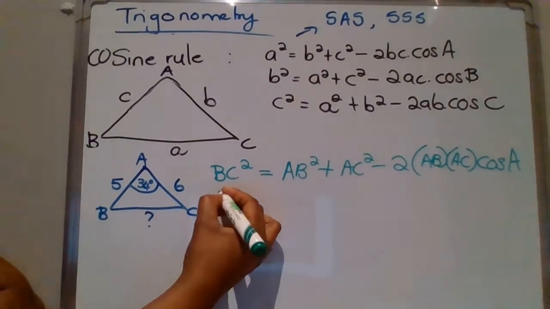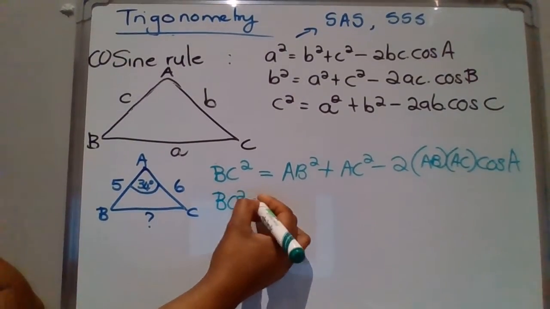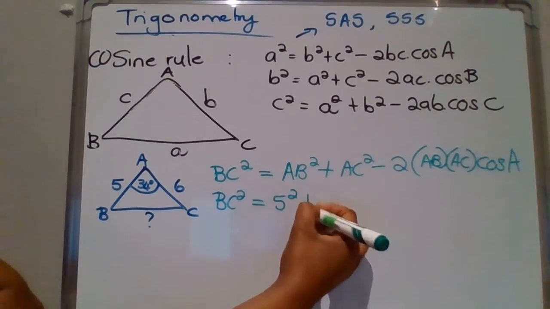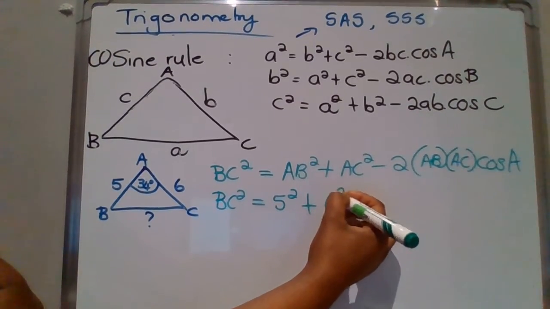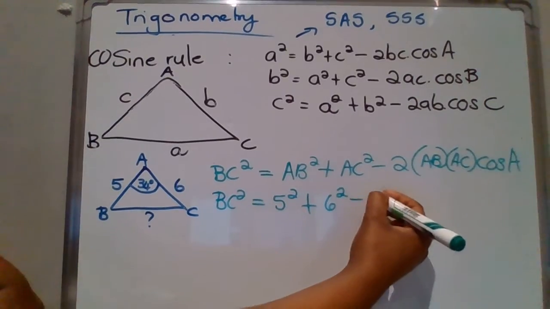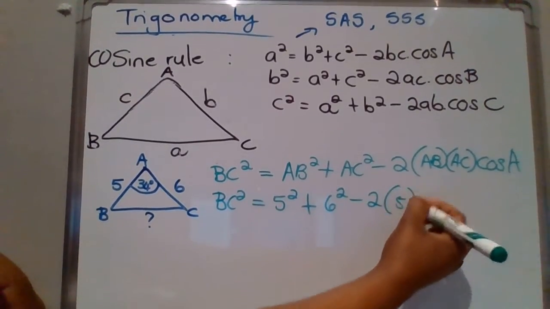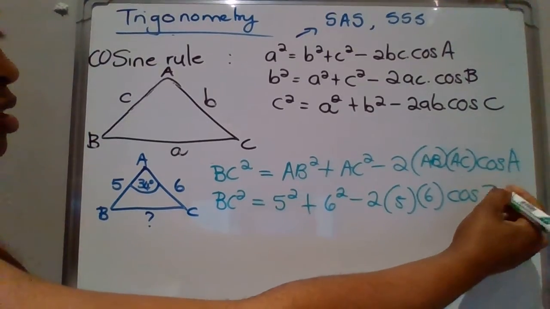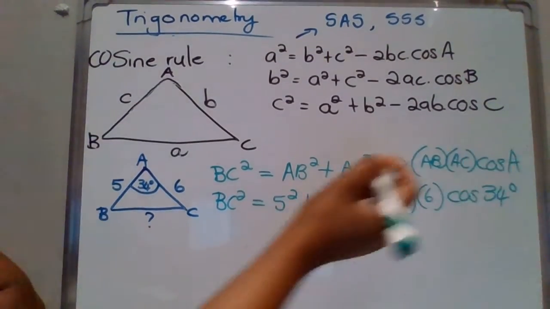So BC squared is equal to AB is 5 squared, AC is 6, so it's 6 squared, minus 2 times 5 times 6 cos 34 degrees.